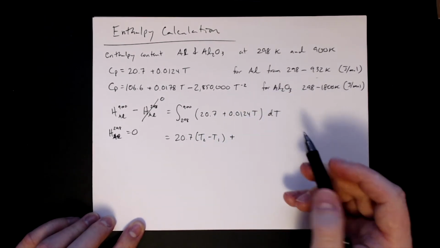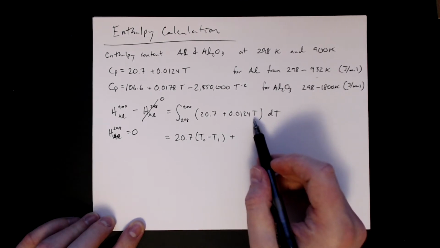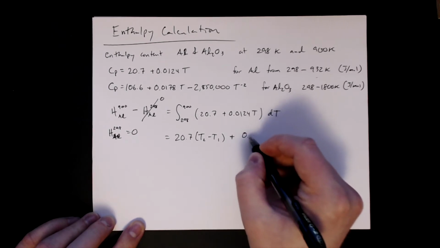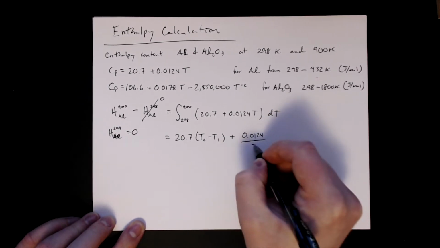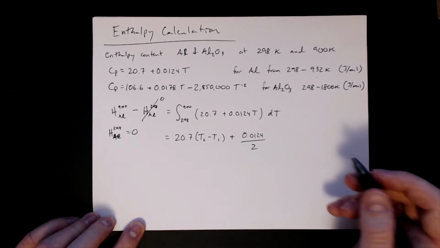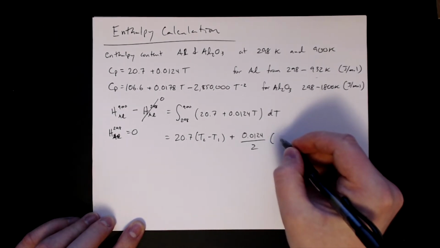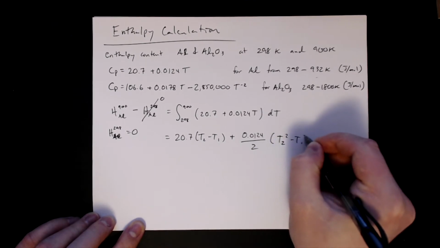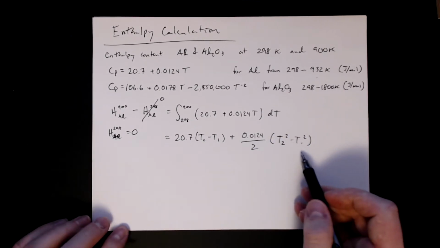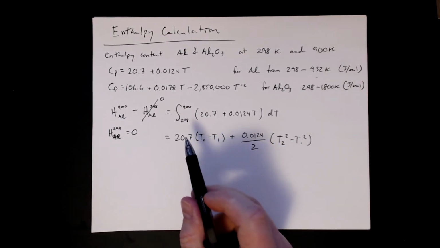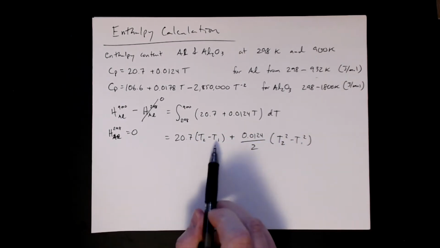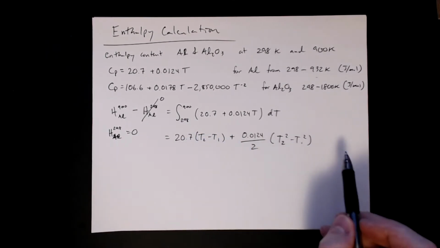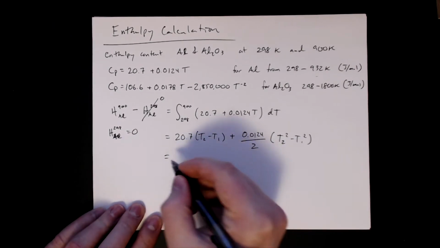Then when we're dealing with T to the 1 power, it's going to end up being this term divided by the new exponent, which is going to be T squared. So we have T2 squared minus T1 squared. So I'm going ahead and evaluating them at the two temperatures.